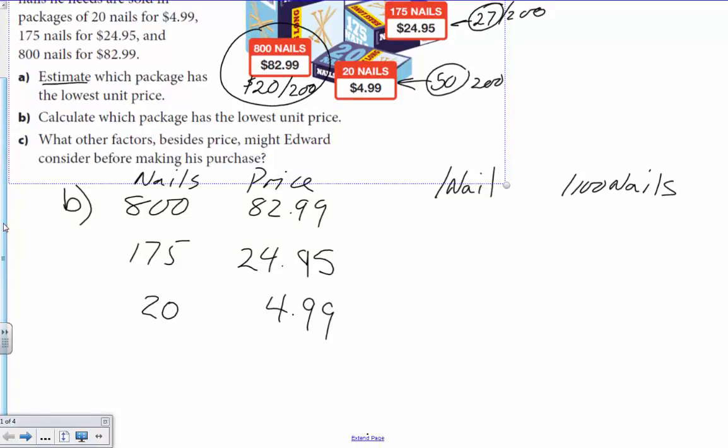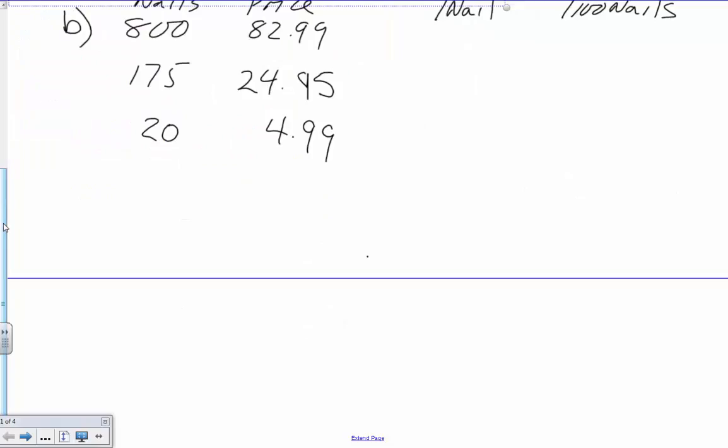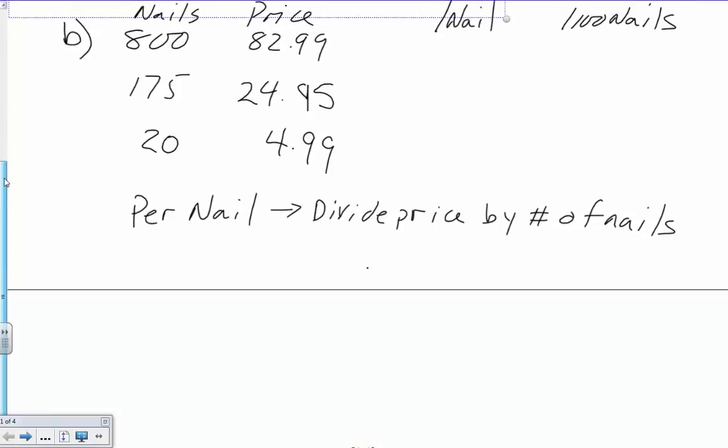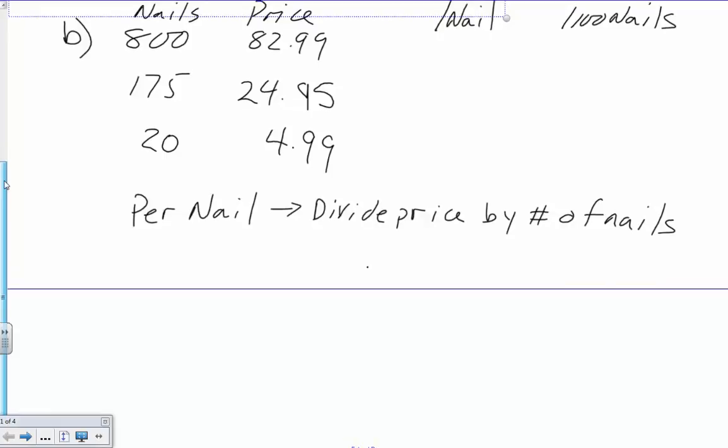If you're going to do per nail, divide price by number of nails. Can't get any easier. That's probably the simplest way, and it will give you the per single nail price.